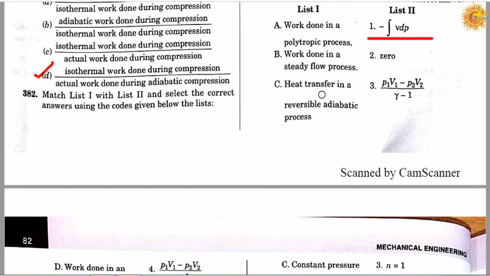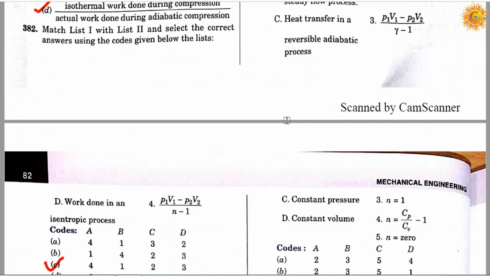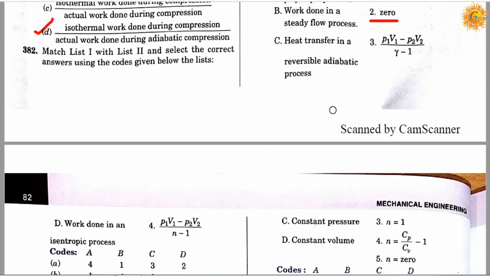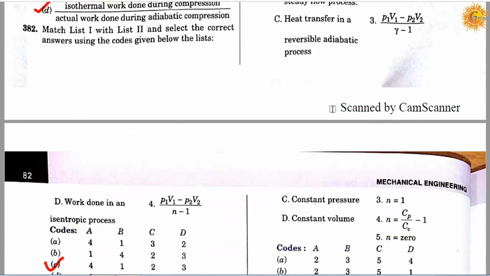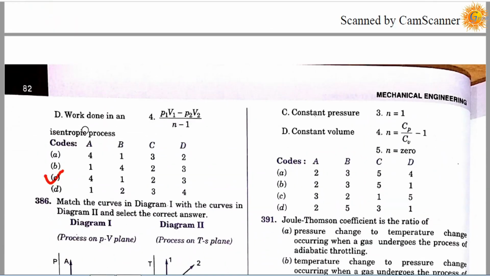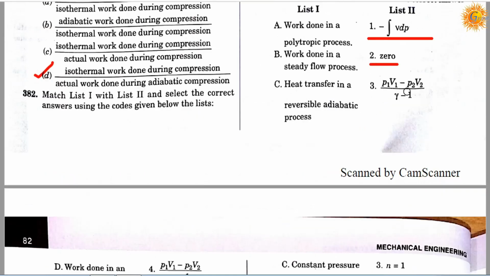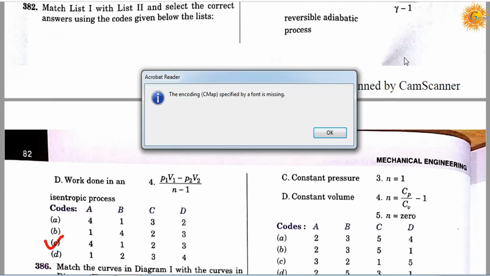Heat transfer in a reversible adiabatic process is denoted by the second option, so it means 0. And the work done in an isentropic process will be connected to the third, so it will be (P1V1 minus P2V2) upon (gamma minus 1).